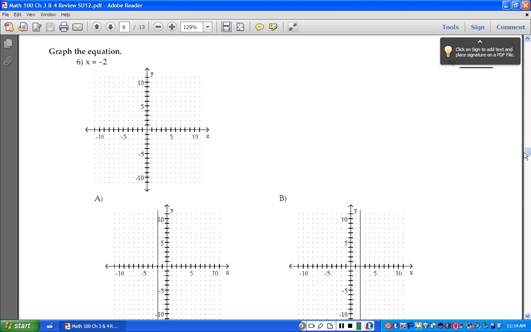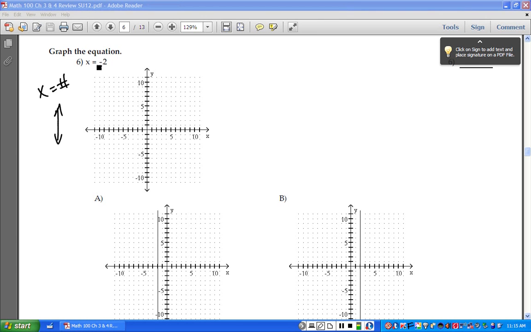Number 6. Still graphing the equation. The fact that it says x equals negative 2, anytime x equals a number, I know it's going to be a vertical line. I'm going to have a vertical line straight up and down through whatever the number is.